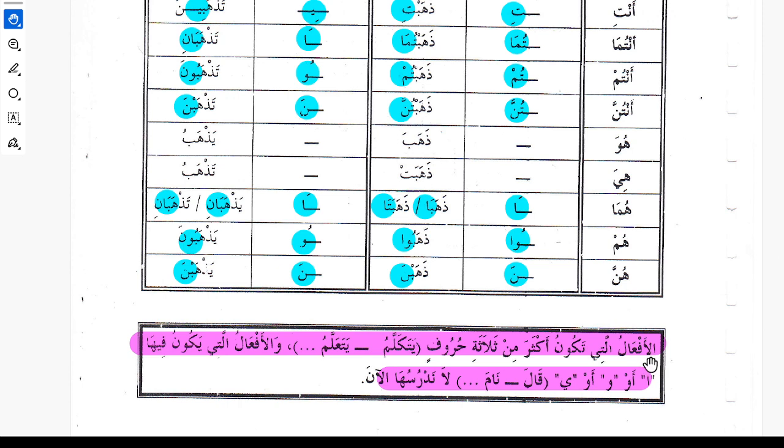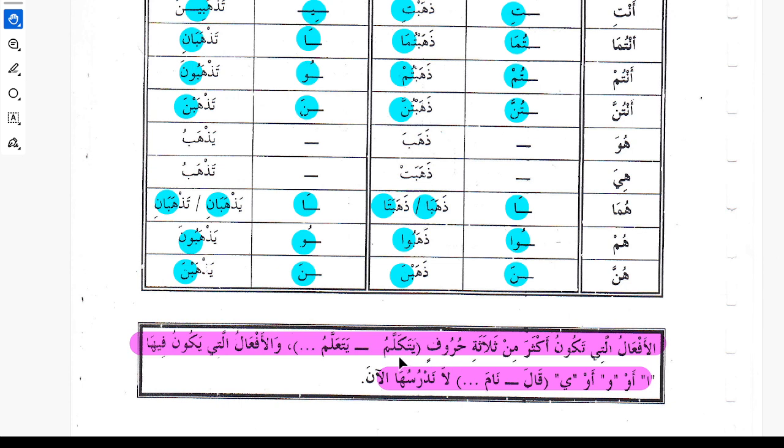So the important thing is al-af'al allati takunu aktharu min thalathati huruf. In all these examples we have talked about verbs that have three letters, like dakhala, yadkhulu. So only the root forms are dakhala or kharaja. In all these cases, only three letters were mentioned.